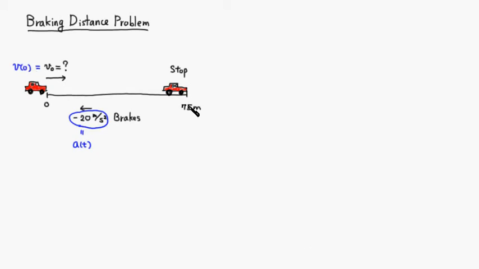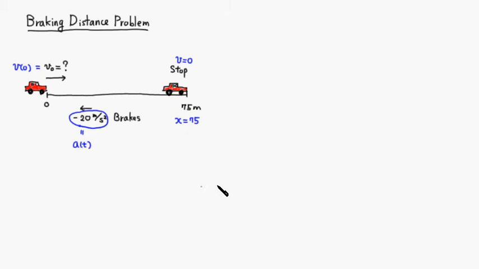It came to a stop, so the final velocity is 0. And at this time the distance is 75 meters. I'll call it x, because it's a horizontal distance. x is 75 meters.